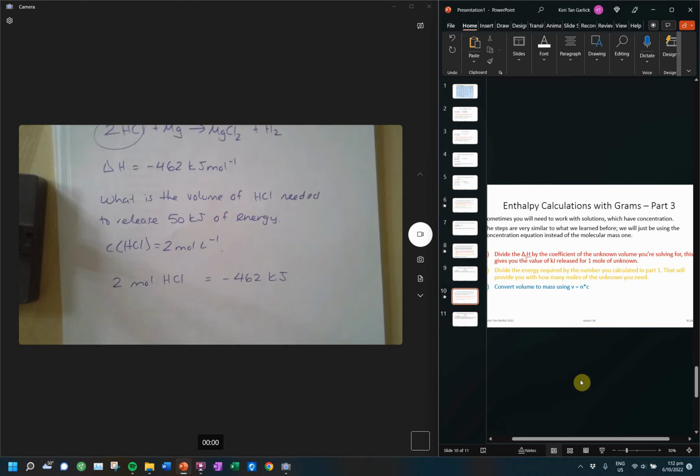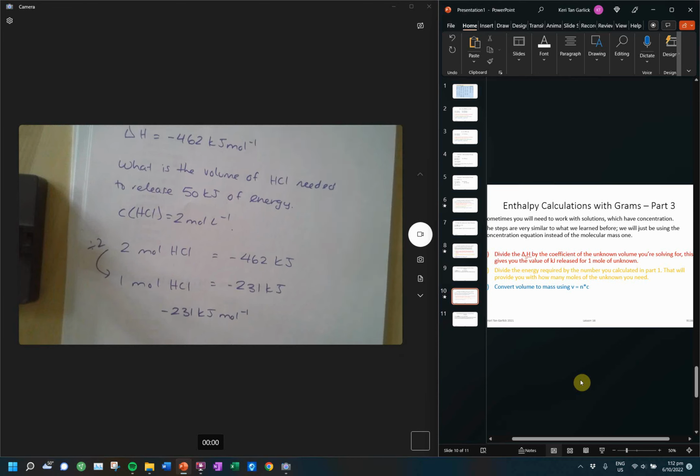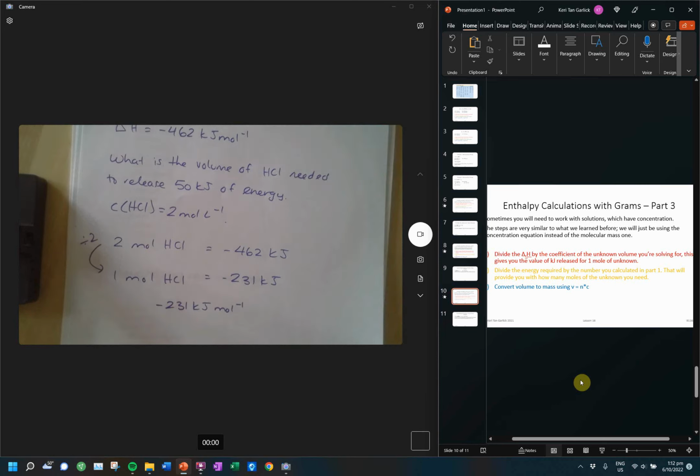Now I want things in 1 mole, so we're going from here to here. That means I need to divide it by 2. So 462 divided by 2 gives negative 231 kilojoules. So that tells me it is negative 231 kilojoules per mole of hydrochloric acid. That's my first step.